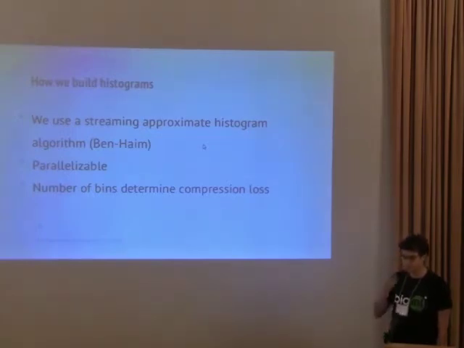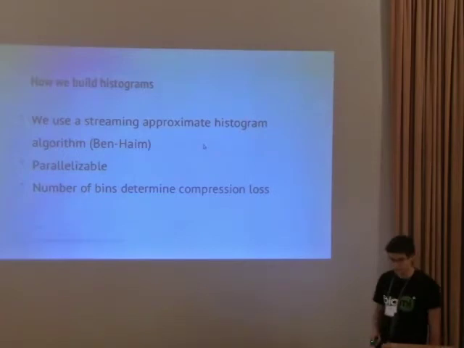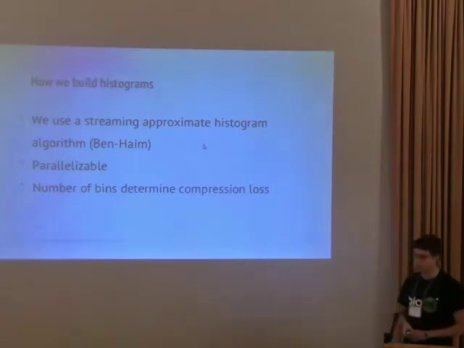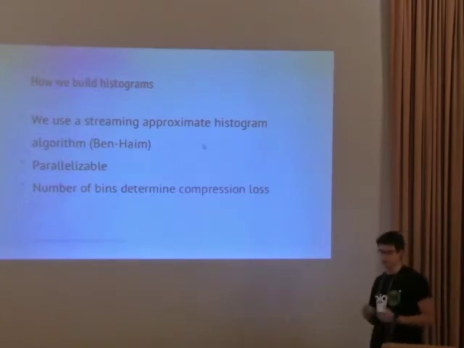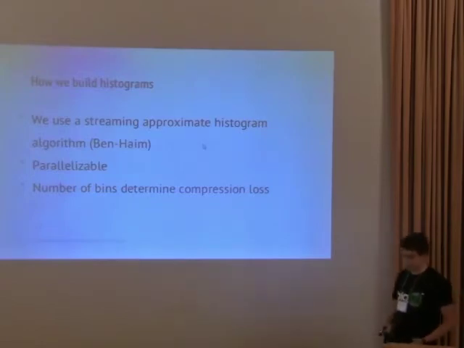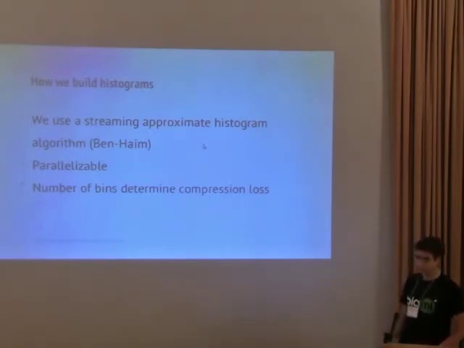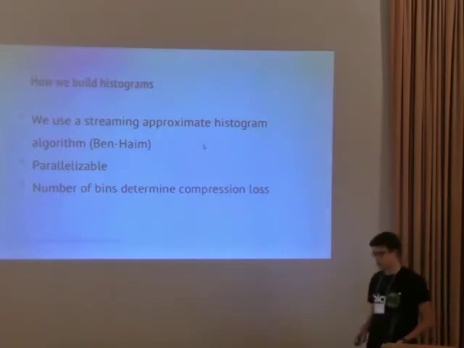And this implies scalability. And we can actually work on independent samples of the data and turn that into a parallelizable algorithm. And of course, the number of bins you use for the histograms determines the looseness of the compression. The more bins you use, the less loss you have in the compression.